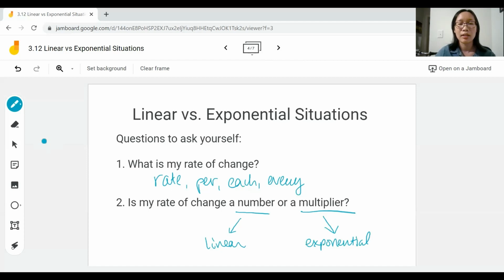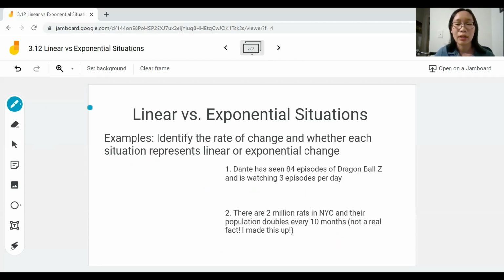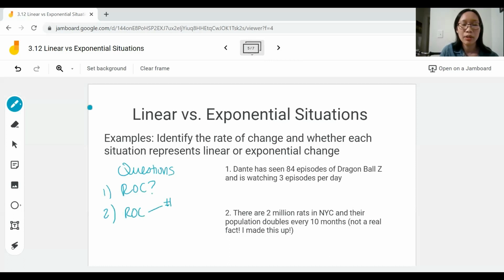Let's take a look at some examples. Here we're being asked to identify the rate of change and whether each situation represents linear or exponential change. I'm going to just write my questions on the side to remind myself. So first, what is my rate of change? And 2, is my rate of change a number or is it a multiplier? As I look at the first example, it says Dante has seen 84 episodes of Dragon Ball Z and he is watching 3 episodes per day.